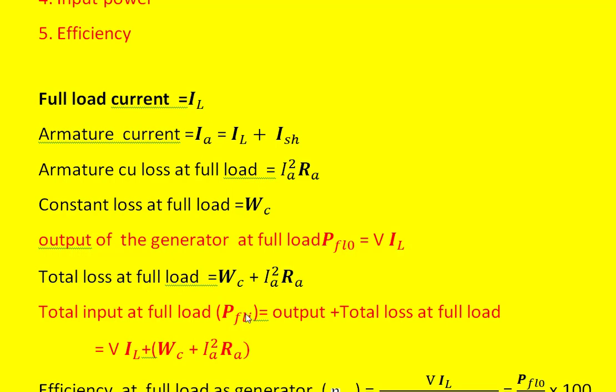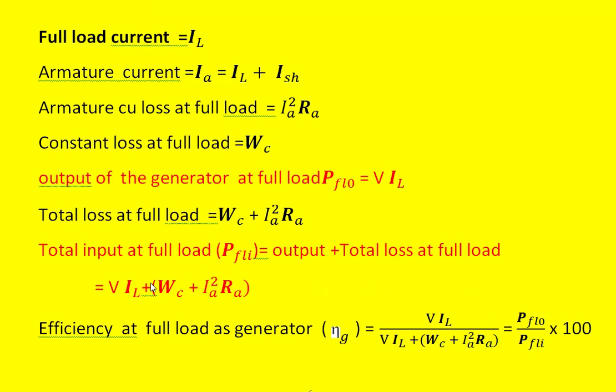So what is the output? Just now we have seen that it is nothing but V into IL, plus total loss. Total loss is nothing but WC plus Ia square Ra. So we know the input and we know the output. So we can calculate the efficiency in percentage like this. Efficiency of the DC machine when it acts as a generator supplying full load current to the load.